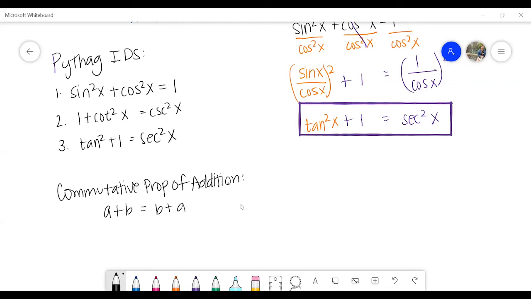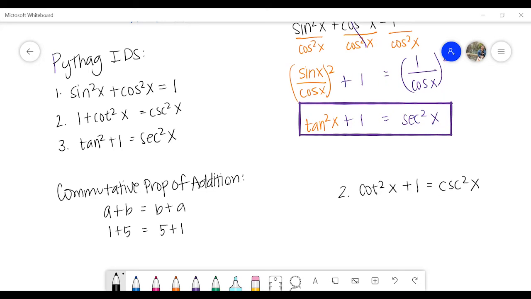If I say 1 plus 5, that's the same as 5 plus 1. The solution doesn't change. So with all three of these identities, the order that they're written in, as far as the addition half, does not technically matter. So for example, for that second one, you could say cotangent squared first and 1 second, and get cosecant squared on the other side, and it means the same thing.